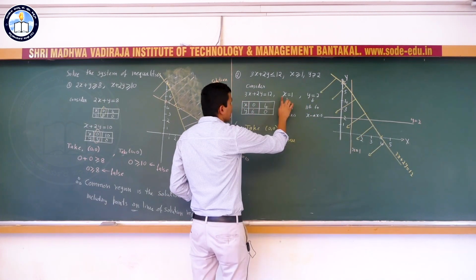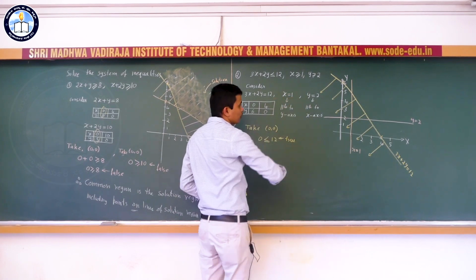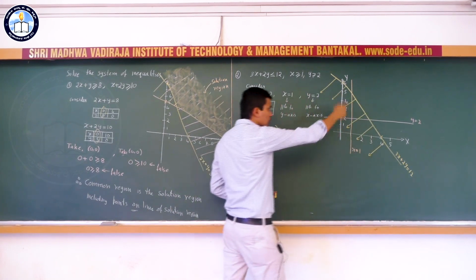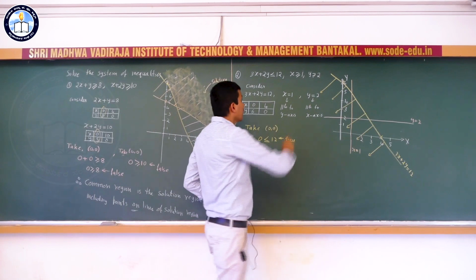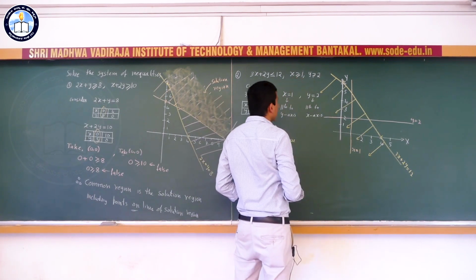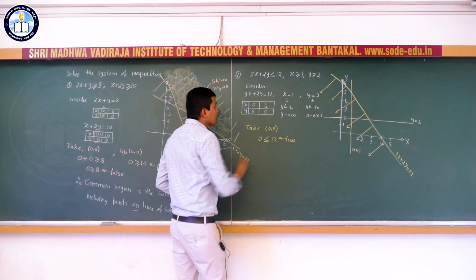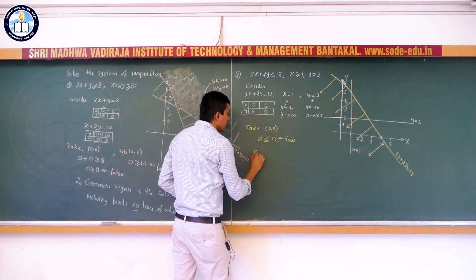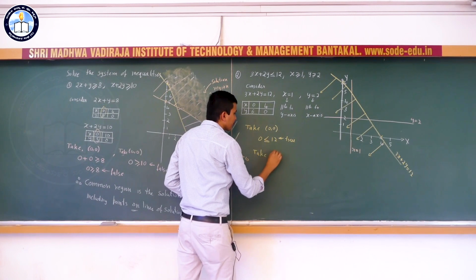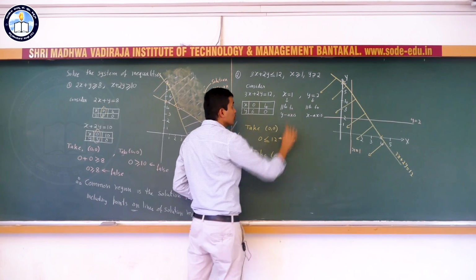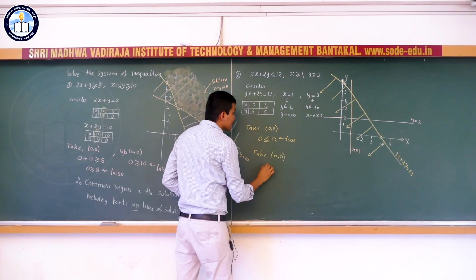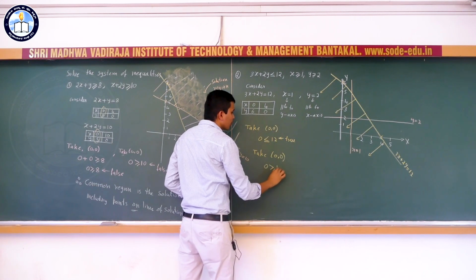And then going for this one, it is the line x is equal to 1, it is here. And here x is greater than or equal to 1. Once again, I can use 0, 0 for inspection. If I substitute x as 0, is 0 greater than or equal to 1?